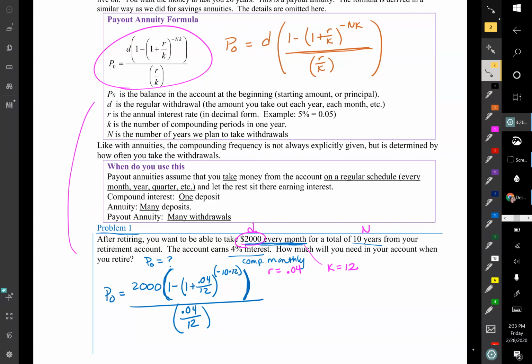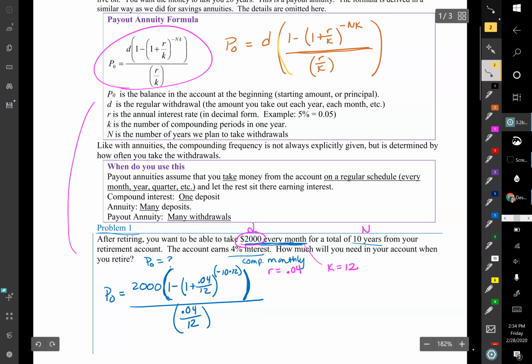Just to note also that this formula here on the right, P sub 0 equals D times the quantity 1 minus (1 plus R over K) to the negative NK, all divided by R divided by K, can be written with the larger parentheses, especially if you're trying to solve for D. So that's just another form.